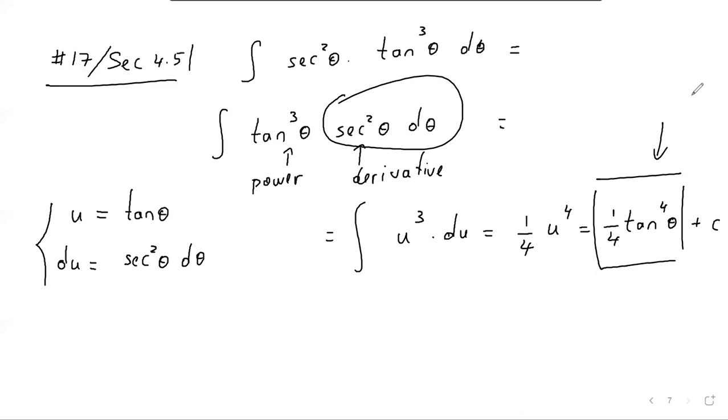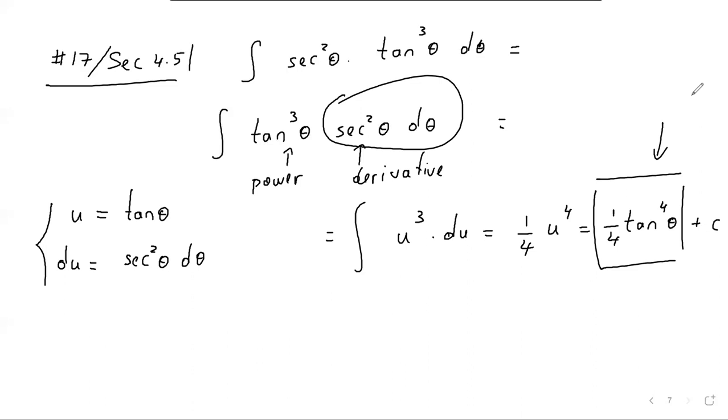It's always a power times a derivative. Are there any other types of problems that we see here in calculus? Yeah, there are. By the way, number 23 is going to be the exact same type of question. Number 24, even number 26, 25, so all of them.